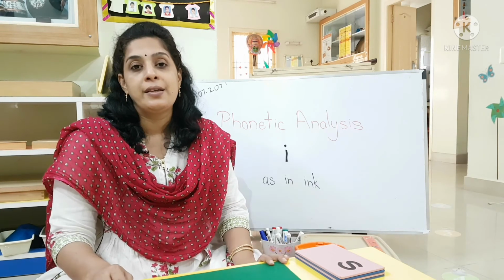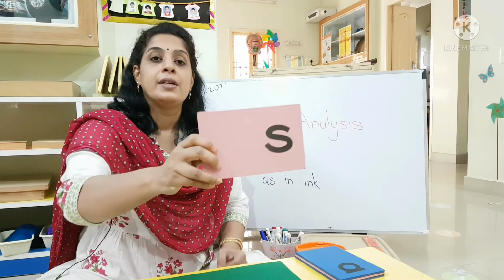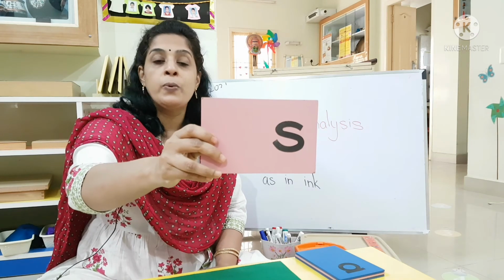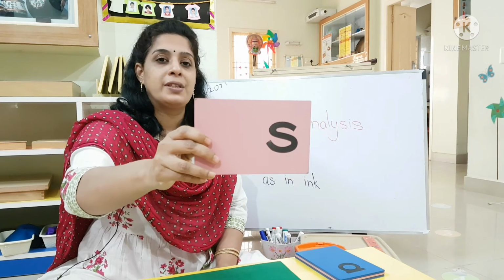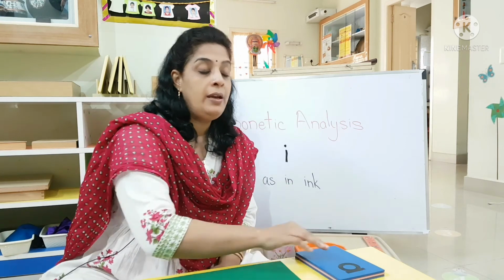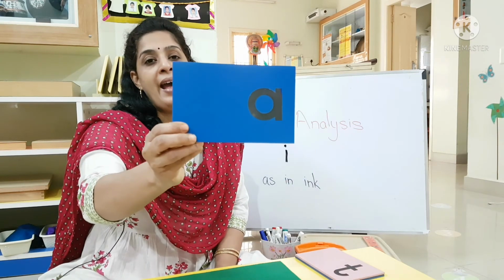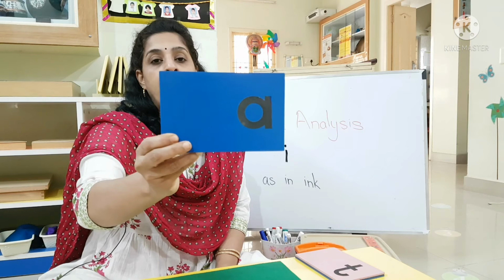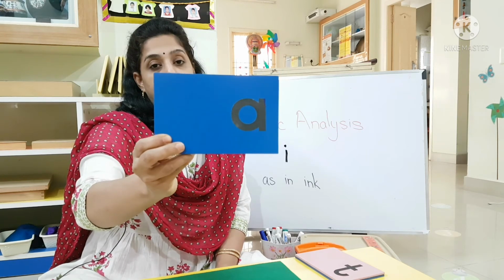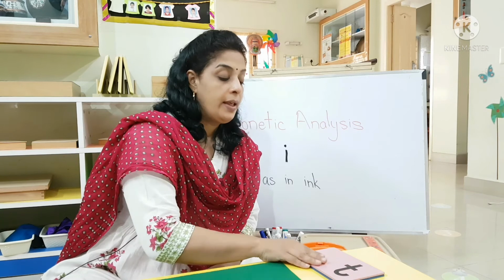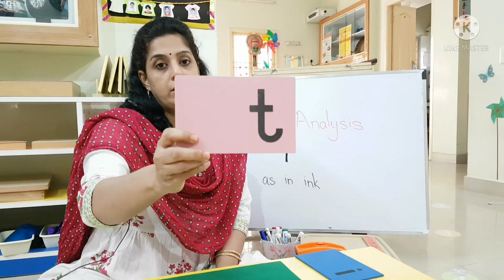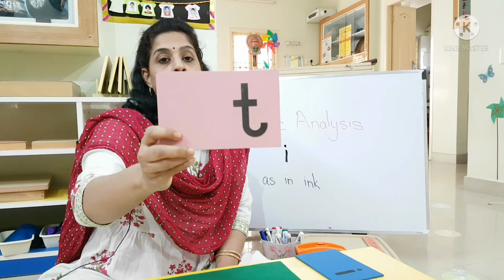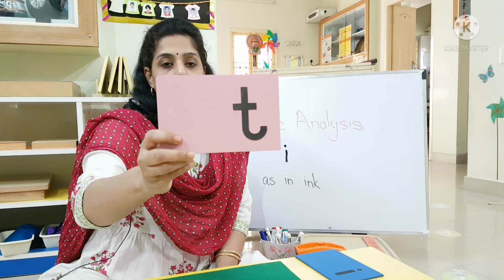We had learned S as in snake, spoon, soft, and then we had learned A as in apple, aeroplane, angry, and we had learned T as in ten, top, cut. T.